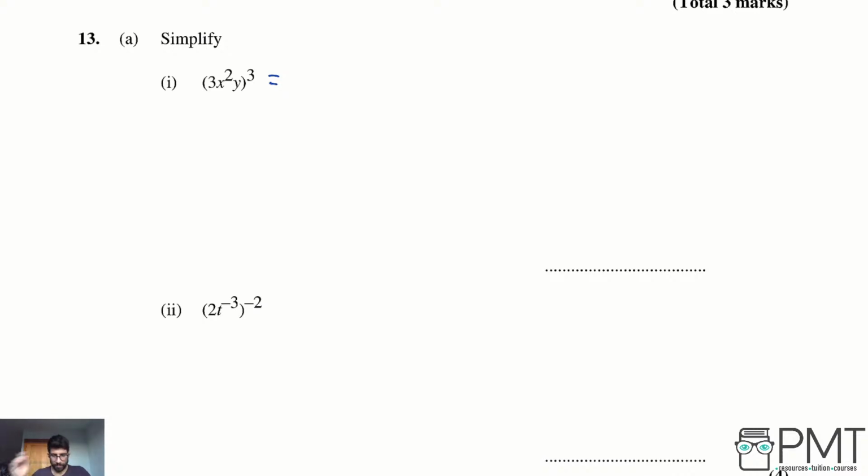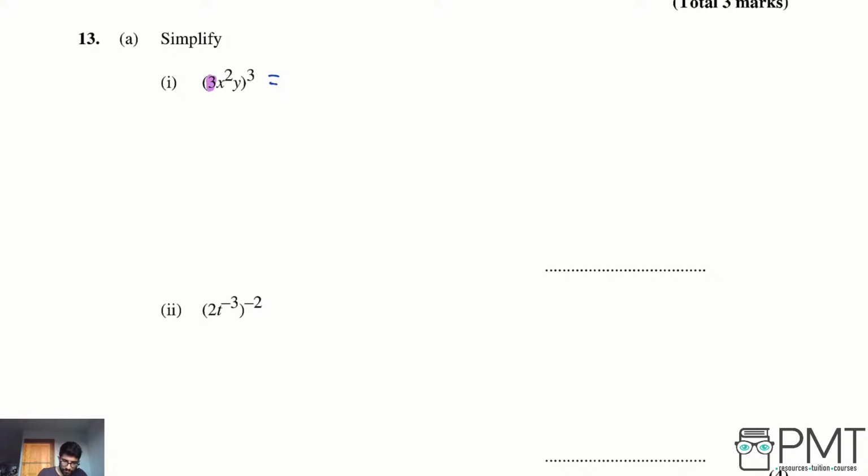Right, this is one where we have a power inside the bracket. You have got 3 different terms. So what's going to be the rule here? How can we do this? We have a term, that's the 3.